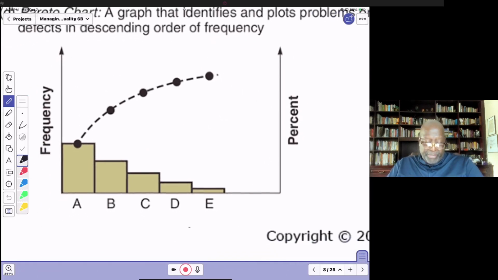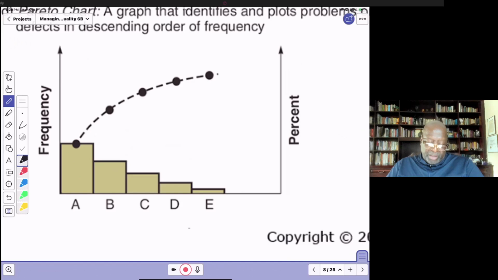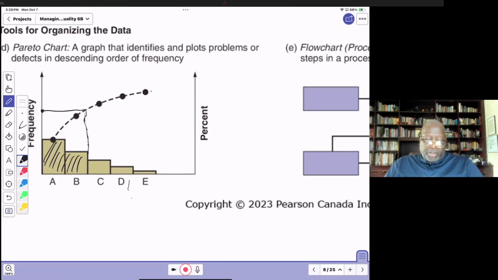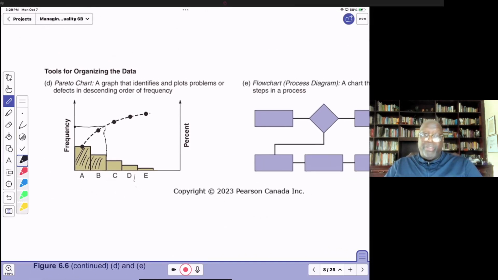You can see here, defect A occurs most frequently, then followed by B, C, D, E. If you draw the cumulative diagram, chances are if you worked on only those two, we could be eliminating a bulk of the problem right there. These two could represent perhaps 75% of the issues, all right? So it allows us to identify the vital few.